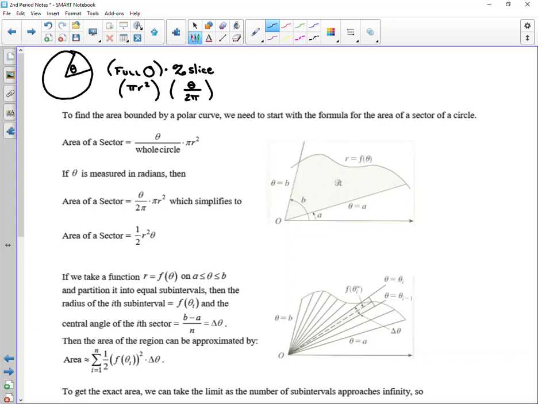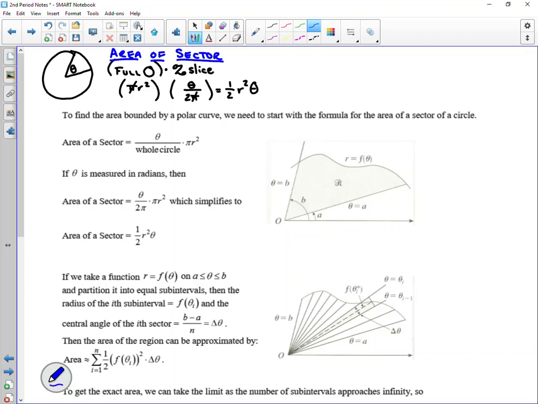And then if we simplify, the pi's cancel, and then you just get 1/2 r squared times your theta. And so that's the area of a sector. Got it? Okay, so that's one little pie slice.